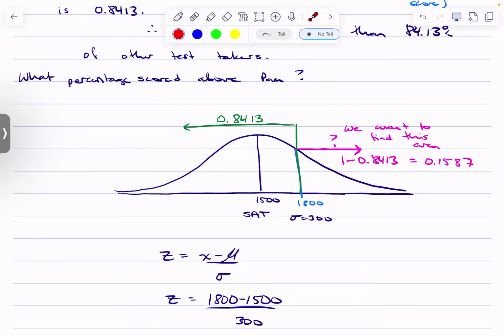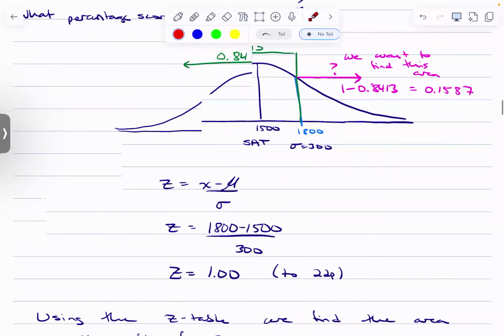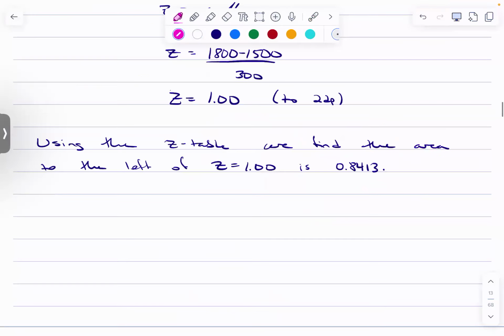Okay? And so how you're going to write this is a continuation. So using the Z table, we find the area to the left of Z equals 1 is 0.8413. Therefore, the area to the right is 1 minus 0.8413, which is 0.1587.